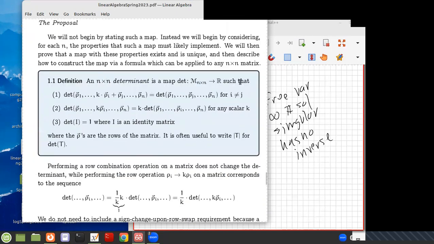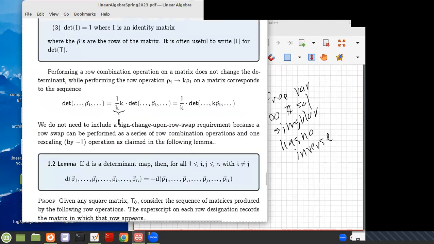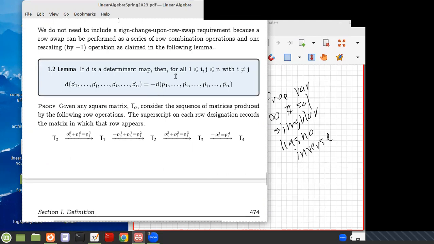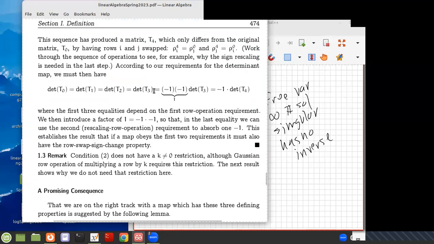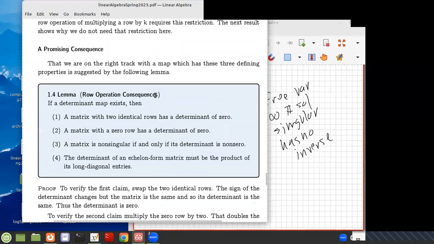A determinant is a map from matrices to numbers such that it behaves nicely with row operations, with scaling, and the determinant of the identity is one, and if you swap the rows, then you get a -1. Okay, so you can show from this that a matrix with two identical rows has a determinant of 0. Why is that? Well, if I took -1 times one row plus the other, that would produce a 0 row, and the 0 row would give you the 0 determinant.